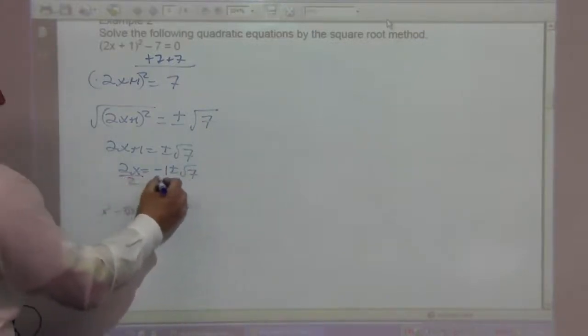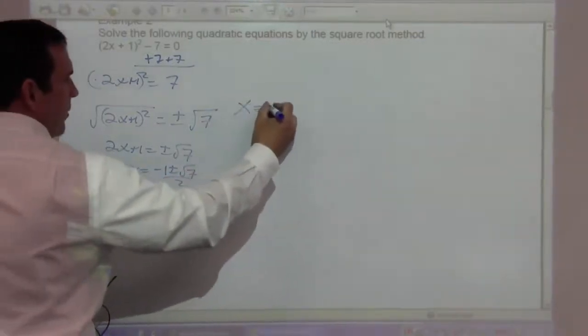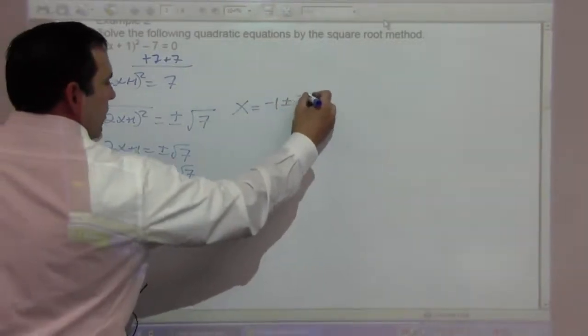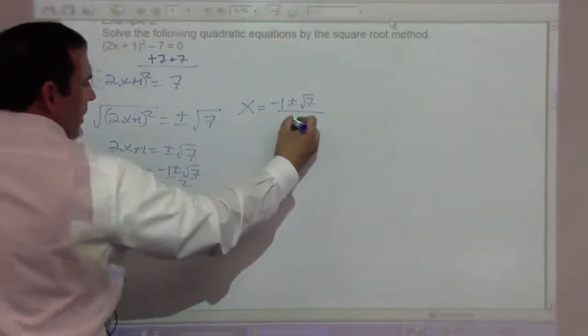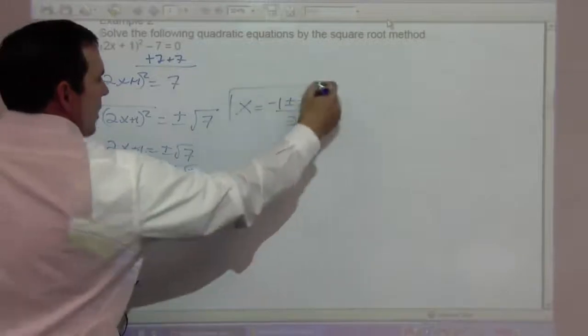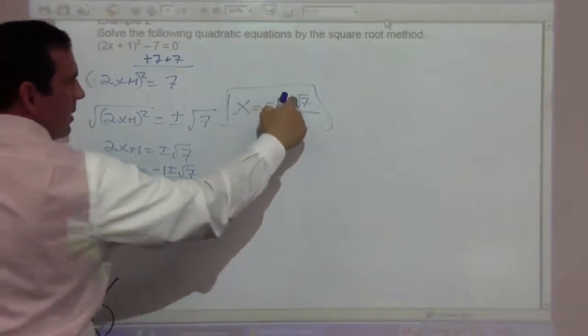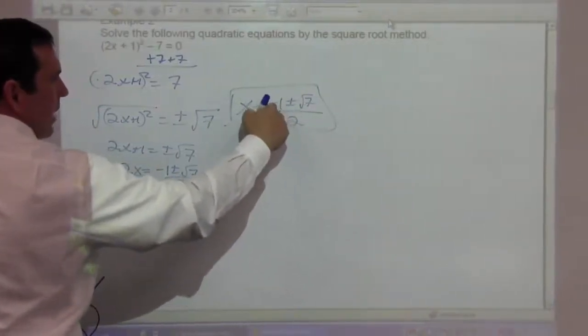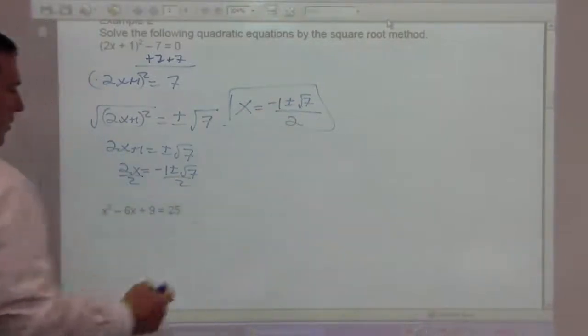Solving for x, we divide by 2. x equals negative 1 plus or minus the square root of 7, the entire thing divided by 2. And this is two answers: negative 1 plus the square root of 7 over 2, and negative 1 minus the square root of 7 over 2.